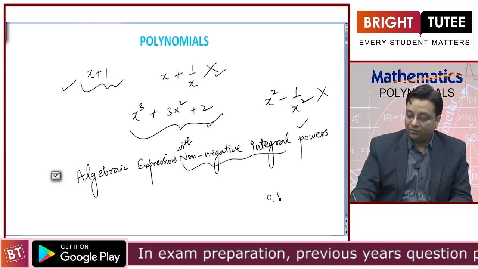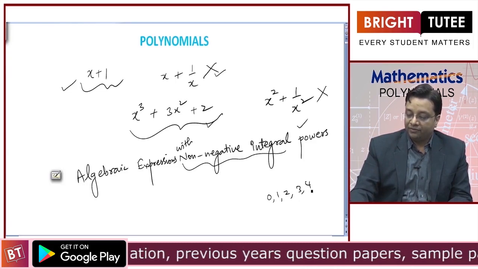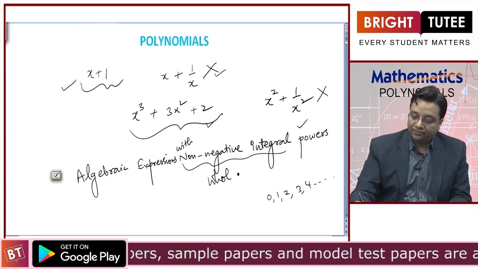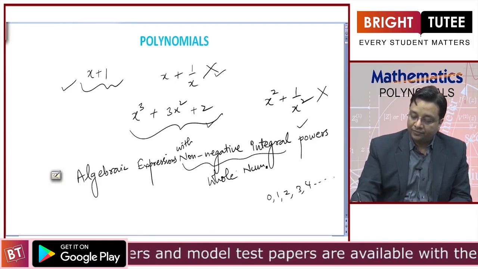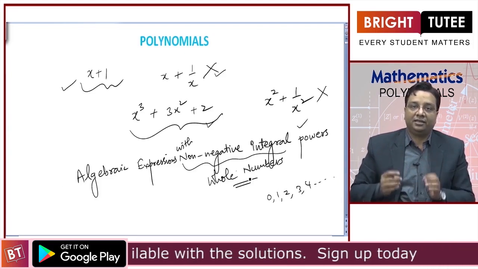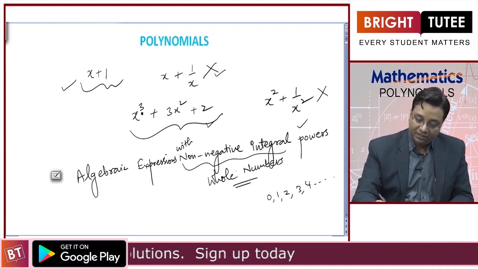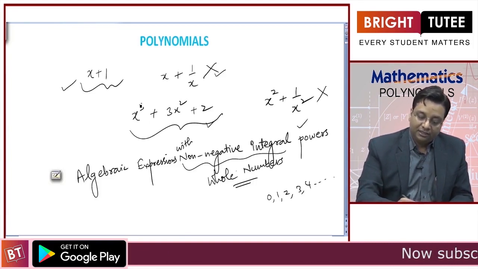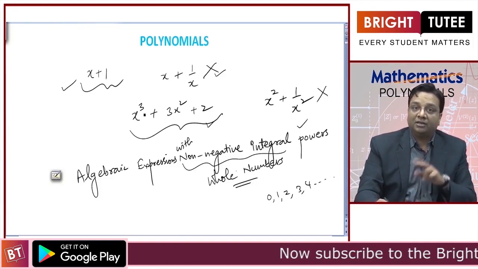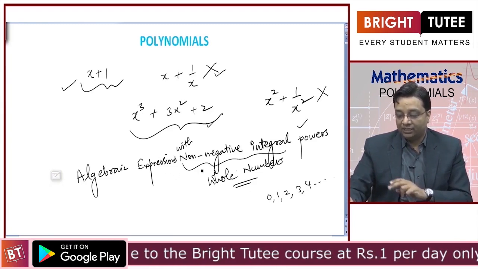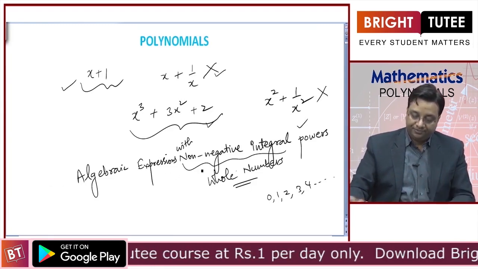Non-negative integers are 0, 1, 2, 3, 4 and so on, which are also known as whole numbers. So the algebraic expressions where the powers of this x in this case are whole numbers, only those algebraic expressions are known as polynomials.